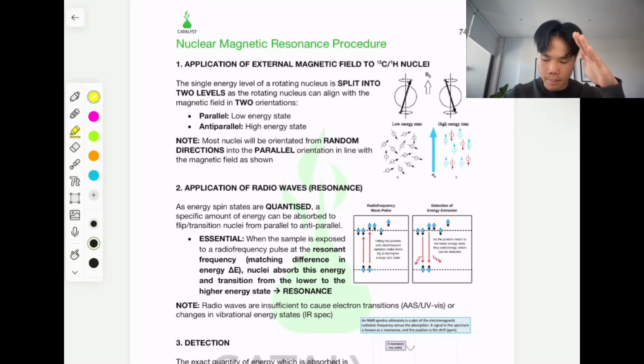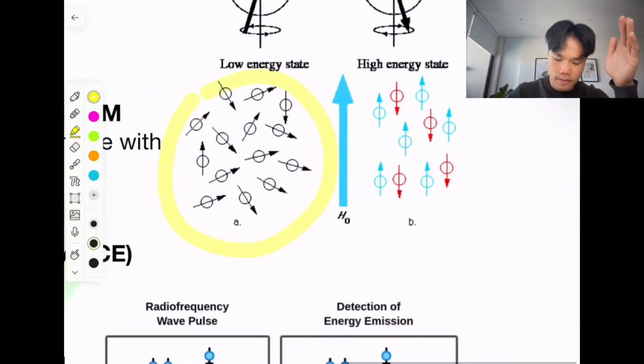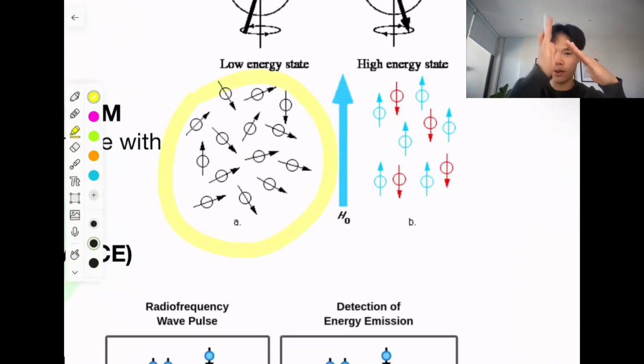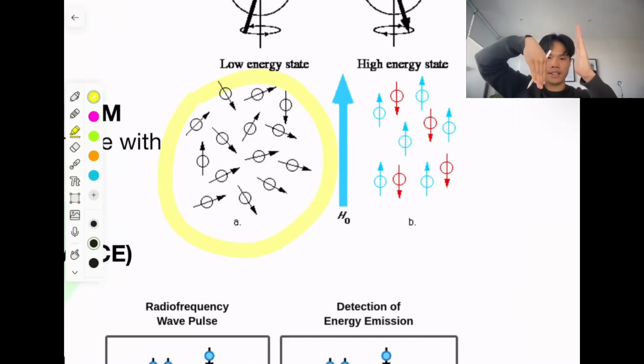They are normally haphazardly arranged, and then when you apply a magnetic field through them, they all snap in line, either in a parallel orientation, where they're in the same direction with their dipole with the magnetic field, or they're anti-parallel, where they are against the magnetic field but in the opposite direction.